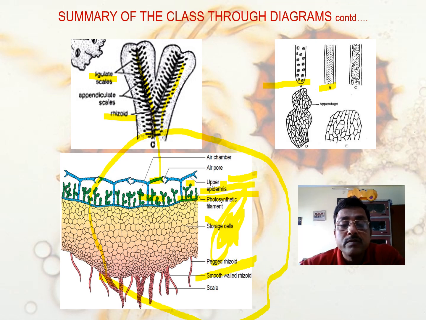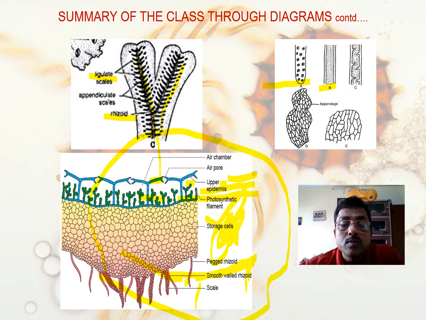So come to the lower epidermis now. So this is the lower epidermis. Okay, this is present just beneath the thallus. So lower epidermis is a continuous layer. The continuity doesn't break here. So from the lower epidermis, rhizoids, this is scale, not rhizoid, scale, and 2 different types of rhizoids originate.